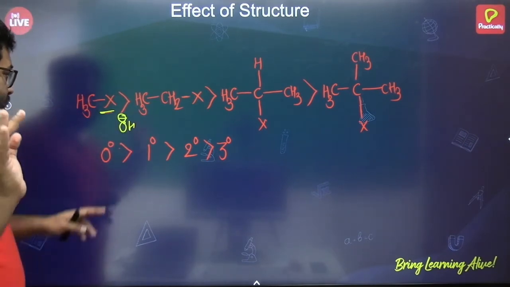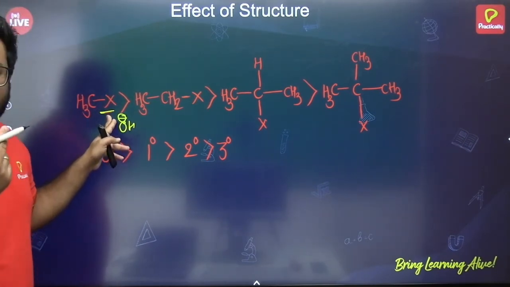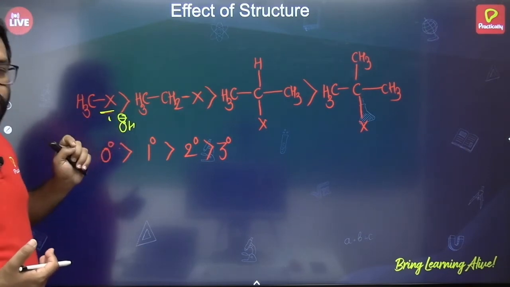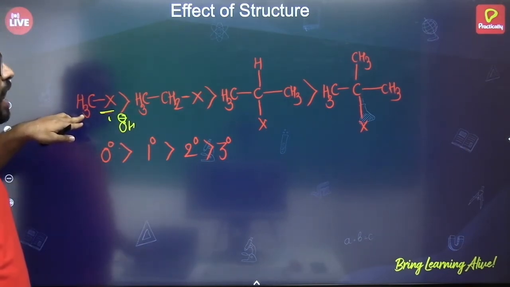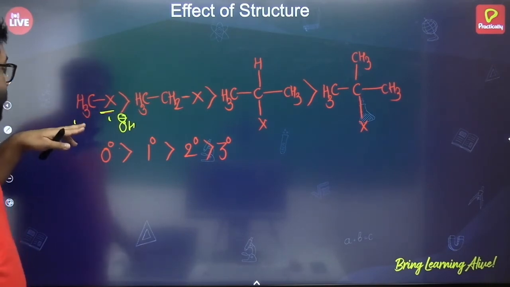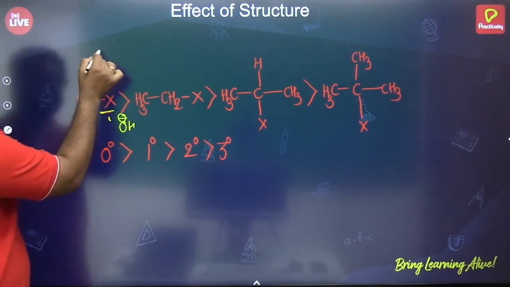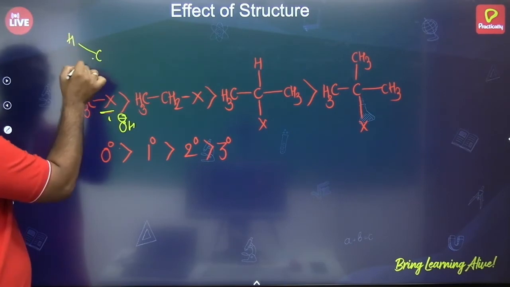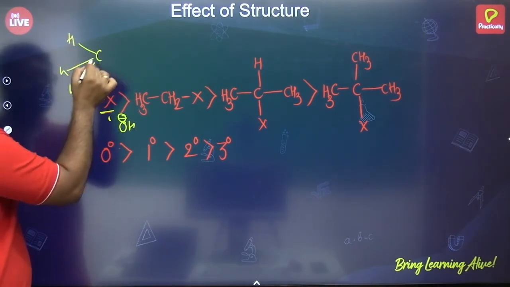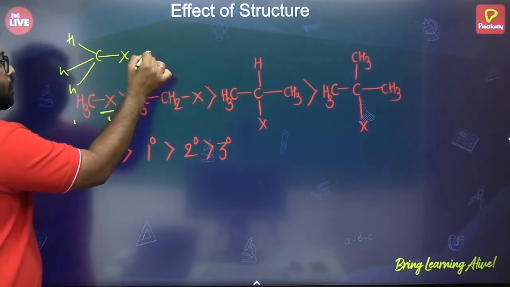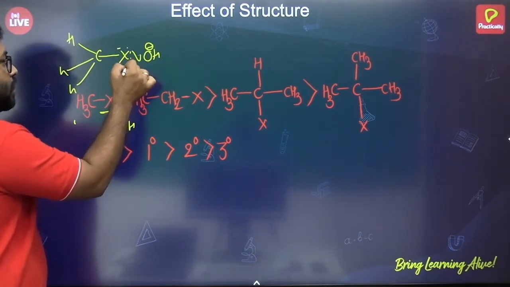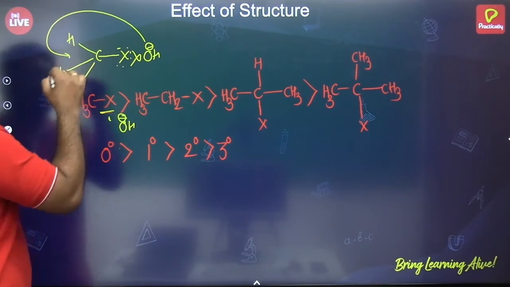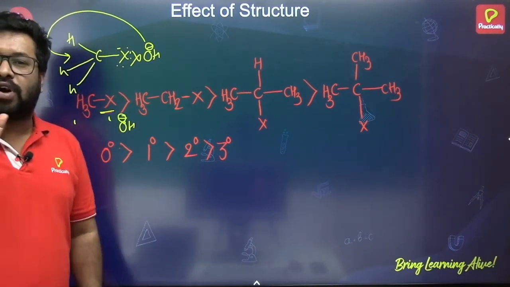Now imagine, if it is opposing the attack from the front side, what would be the situation where all three hydrogens are replaced by bulky groups? You can see here, this carbon has hydrogen and X. Now your OH minus is coming. X is not allowing it, so it is attacking from the backside, right? That was what was happening.